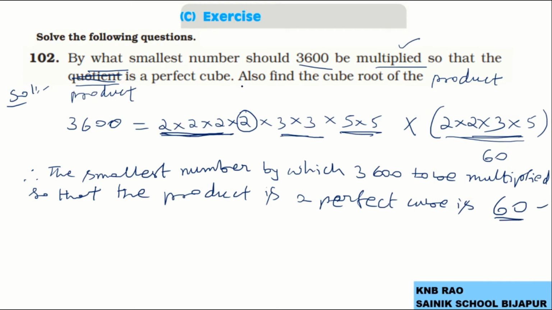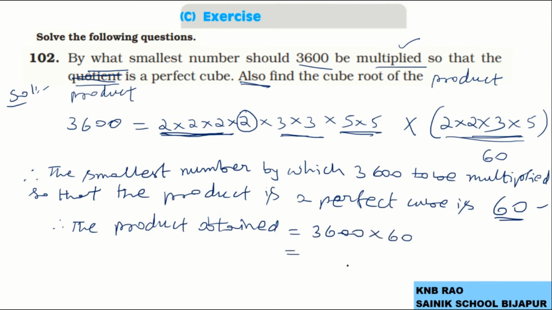Next continuation of the question is also find the cube root of the product. Therefore, the product obtained is 3600 into 60. That means you will have 6 6s are 36, 3 6s are 18 plus 3 is 21. That means I am getting 2,16,000.